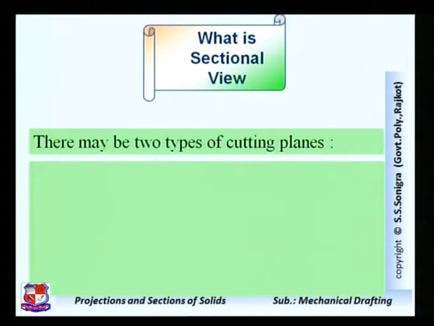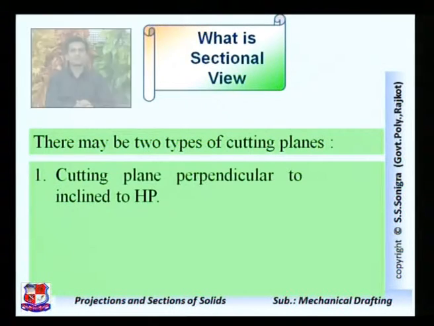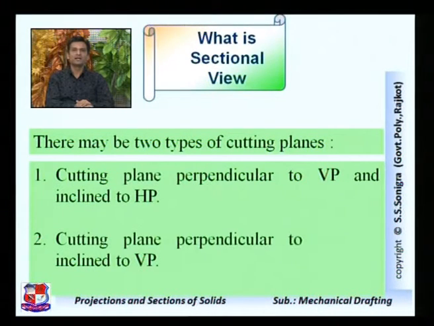There may be two different types of cutting planes which we have to study in this chapter. First is the cutting plane perpendicular to the vertical plane and inclined to the horizontal plane. That would be one cutting plane. And second is the cutting plane which is perpendicular to HP and inclined to the vertical plane.